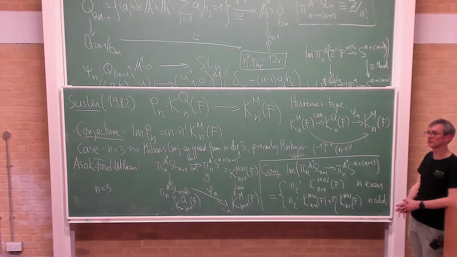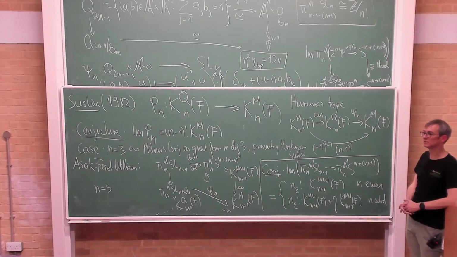Yeah, I think it's open. I looked at this with Chuck Weibel 20 years ago, and we couldn't quite pin it down. I think it's the only dimension where there's an open question about the image. Because in K5 and higher, the image is 0, and in K3 and lower, it's understood. But in K4, there's still a question.